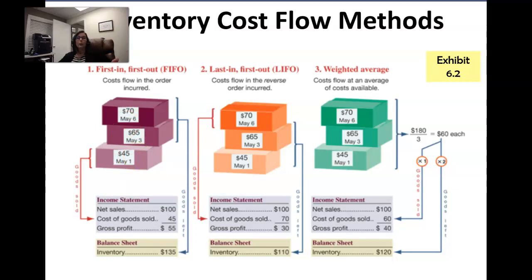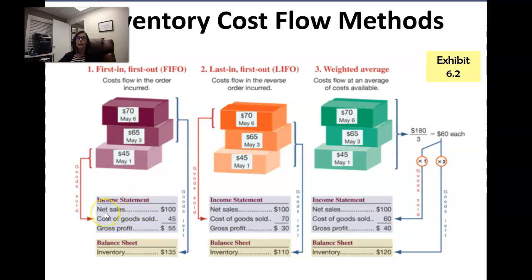We paid a little bit more for it. But under first in, first out, we're going to assume that all of the $45 inventory that we bought on May 1st was sold first, and once that's depleted, then we move into the 65 and then 70 after that. And we assume at the end of the month that whatever is left in our warehouse is from the stuff that was ordered most recently, because we sold the stuff that was in our beginning inventory already.